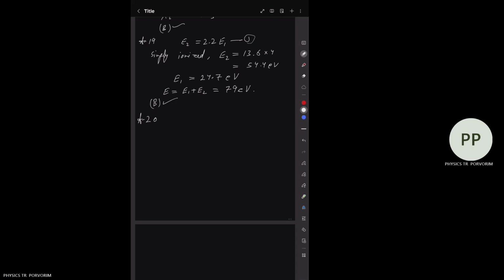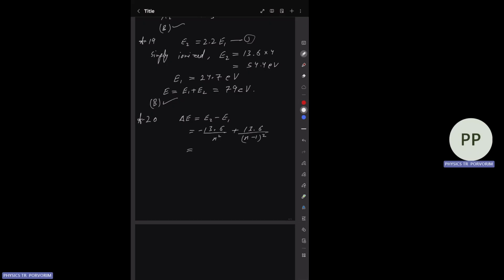Here the energy of a photon can be written as E2 minus E1. When we put in the values, it will be minus 13.6 by n square minus, minus, plus 13.6 by n minus 1 whole square.